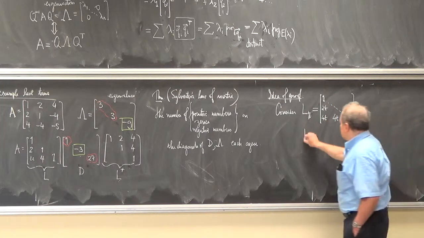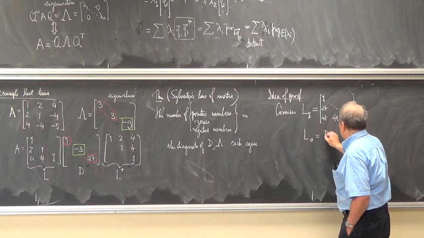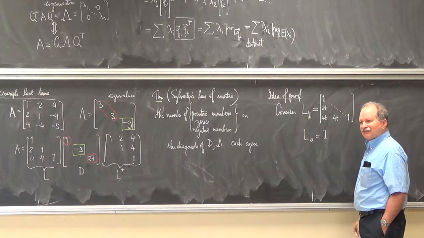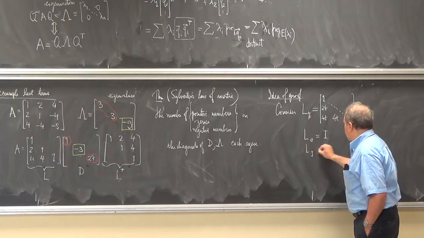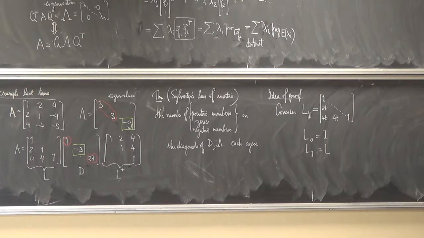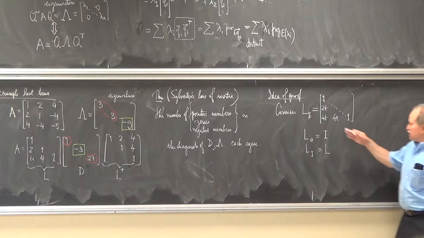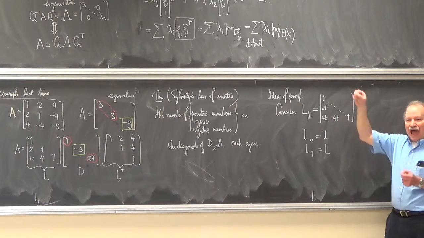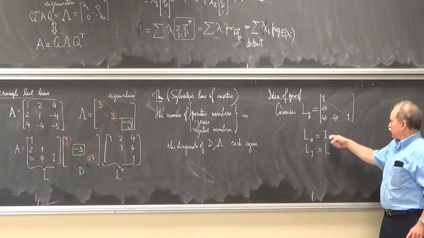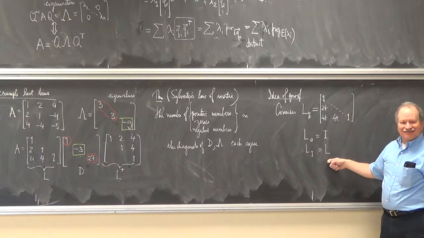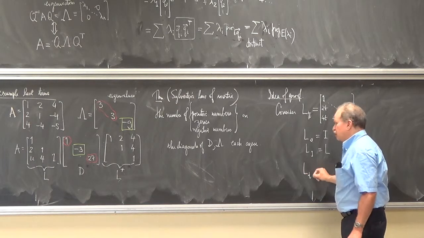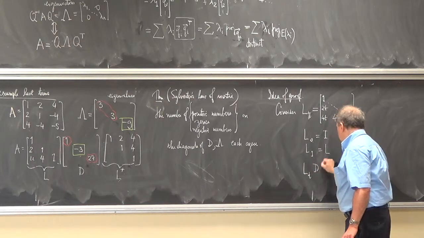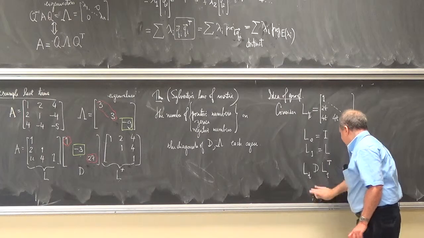So when T is 0, you have the identity. And when T is 1, you have the original L. So this is a straight line path in the space of matrices that goes from here to here. What happens when you consider L_T times D times L_T transpose?